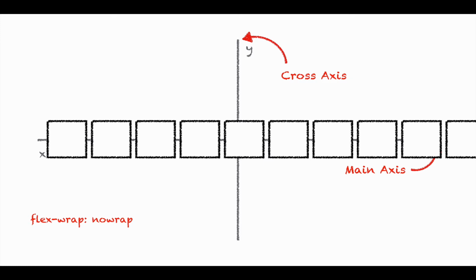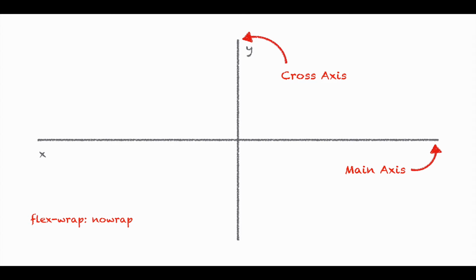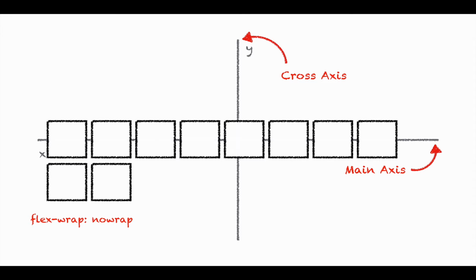You can keep adding children and they're just going to go off the end of the page. It's not a good experience. So if you turn on wrapping though, oh, I forgot to update my slide here. That should say wrap. I don't really have wrap-reverse on here. We just have wrap. So we have wrap or nowrap, and wrap is most likely what you're going to do.